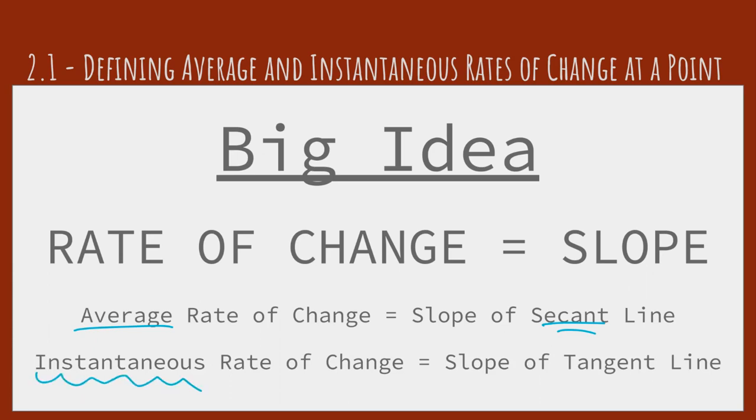Instantaneous rate of change is going to be the slope of a tangent line. So it's going to be the rate of change of some quantity at the point of tangency for that tangent line. All right, so it's really important. This is like the biggest idea when we're dealing with the tangent line problem, is that rates of change, that's the same thing as slope. An average rate of change is slope of a secant line. Instantaneous rate of change is slope of a tangent line. It's like most important thing you're going to learn when we're talking about the tangent line problem.